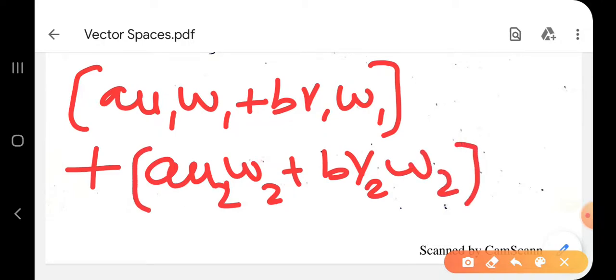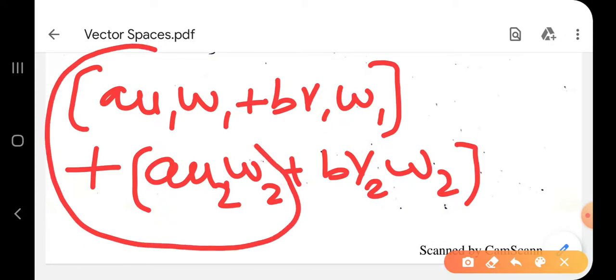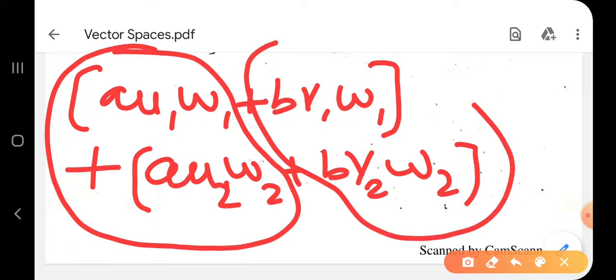Now we collect these two terms in one bracket and the other two in another bracket.